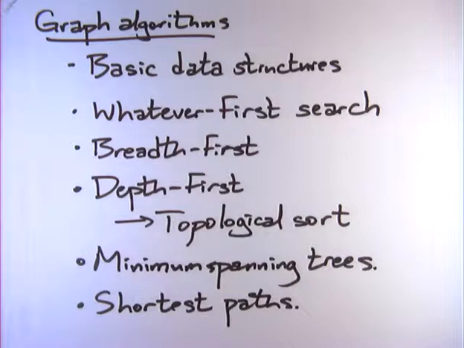And then the last one, which I think everybody has seen before, is shortest paths. And of course, you're probably immediately thinking of Dijkstra's algorithm. Dijkstra's algorithm is, again, another example of a greedy algorithm applied to graphs. You can also think of it as a kind of whatever-first search where you're using a priority queue.